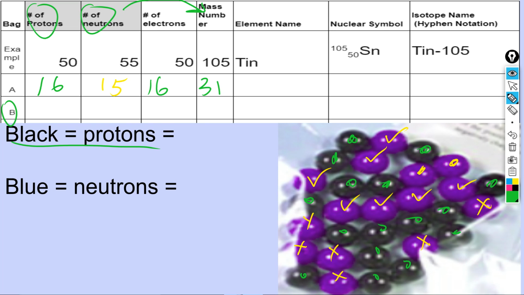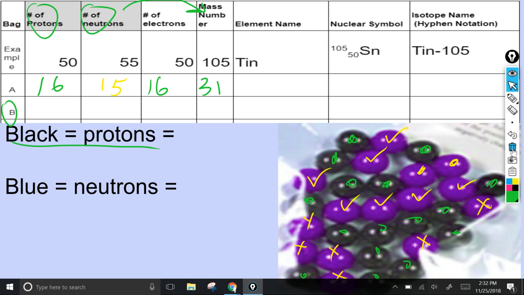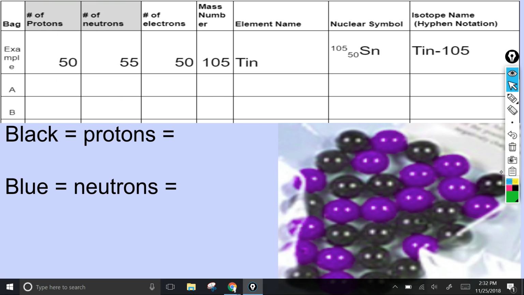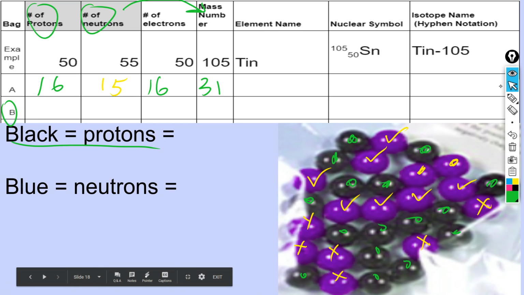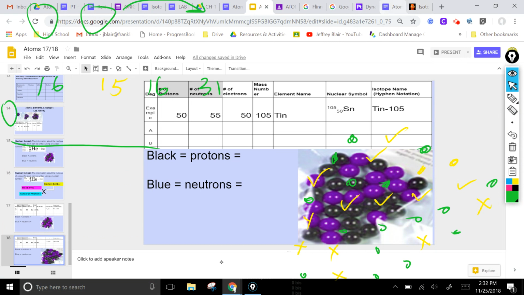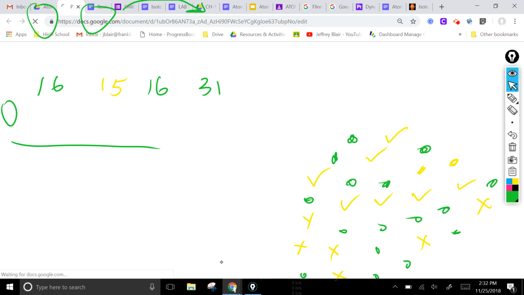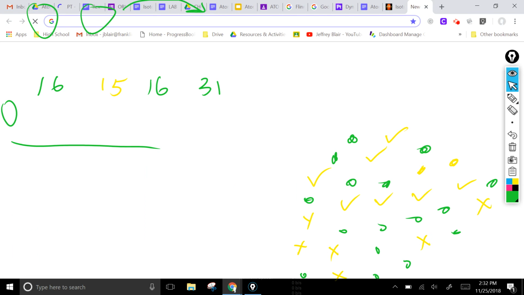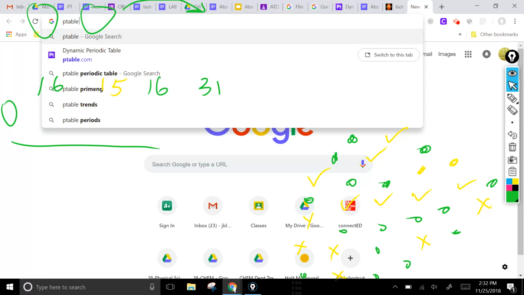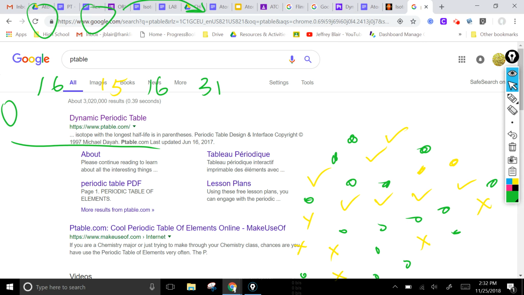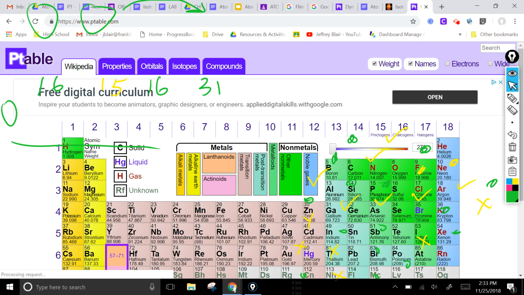Element number 16 is... how do I go back? Is there a way to undo it? Yeah. Element number 16. Anybody know what element number 16 is? Let's see. I had a periodic table up here somewhere. Number 16 is sulfur.